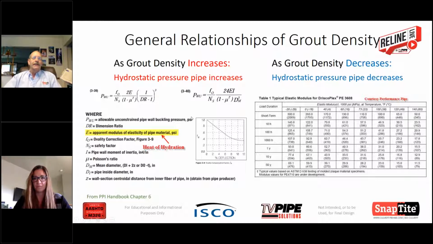The other thing that comes into play is the E, or the modulus of elasticity. And in this application, the modulus of elasticity for your pipe is controlled by the heat of hydration. The way that we determine the heat of hydration is putting a thermometer in our admix, or in our grout mixes, that records the minimum and maximum.